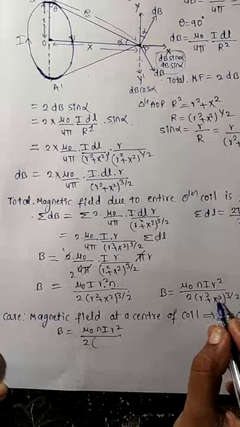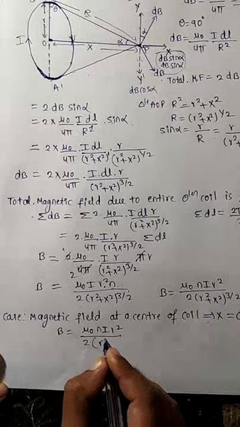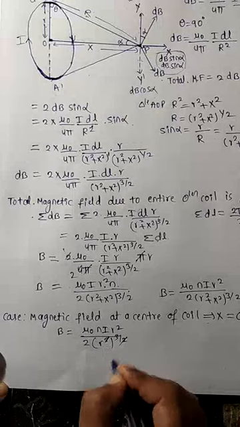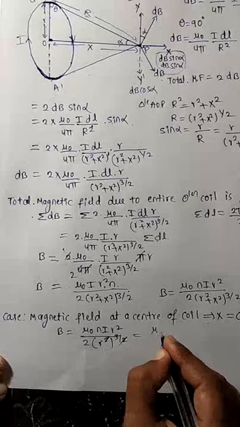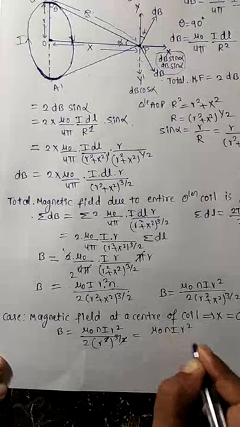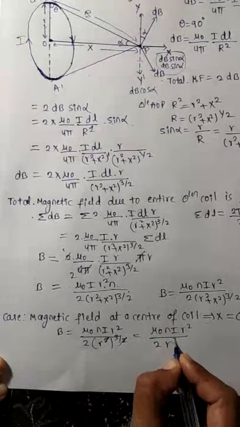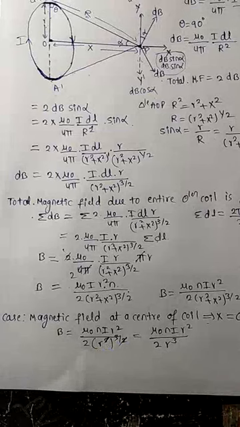X value becomes 0, means only r square you will get, so r square raised to 3 by 2. And this 2 gets cancelled, so mu naught N I r square divided by 2 into r cubed.